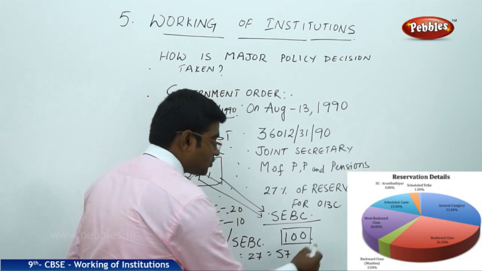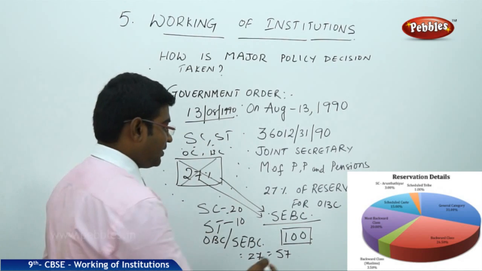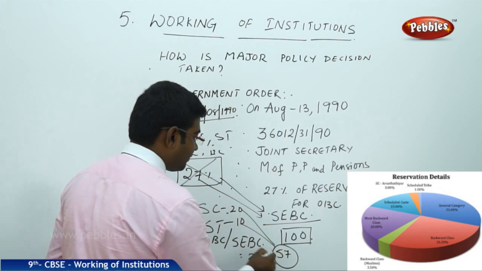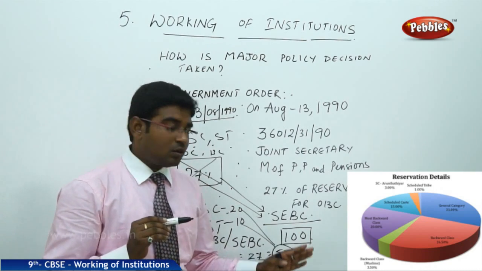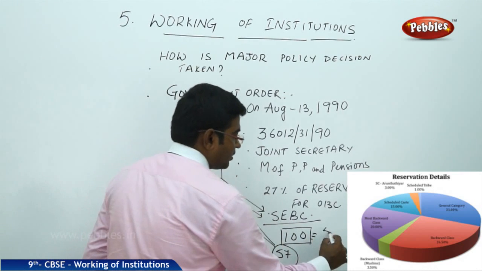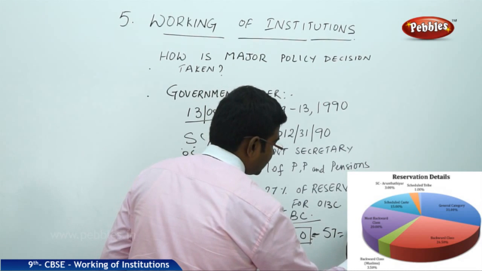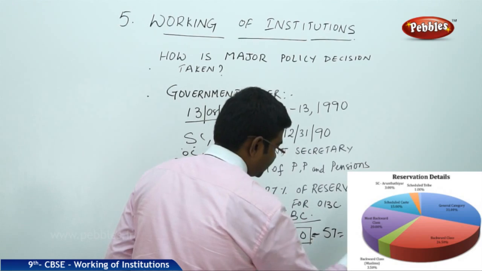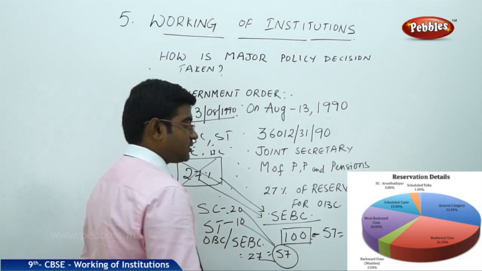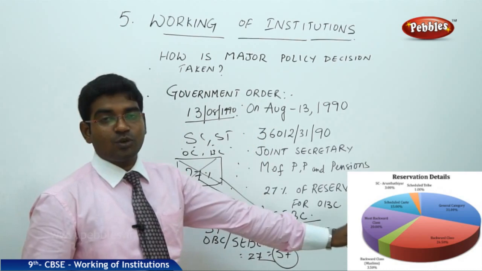So out of 100 posts or 100 jobs which are declared by the government of India, 57 seats are reserved for these 3 categories of people. Which is very clear that out of this 100, if you subtract 57 from 100, you get nearly 43 seats. If I am not wrong, yeah, it's 43 seats. Which means the other caste people are eligible only for these 43 seats, and only there they have to compete.